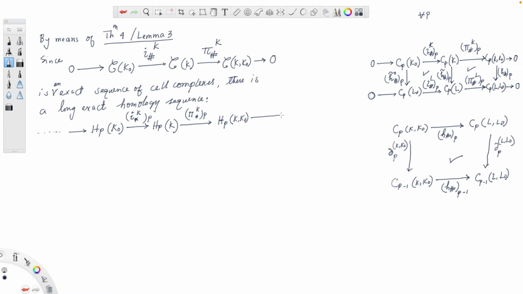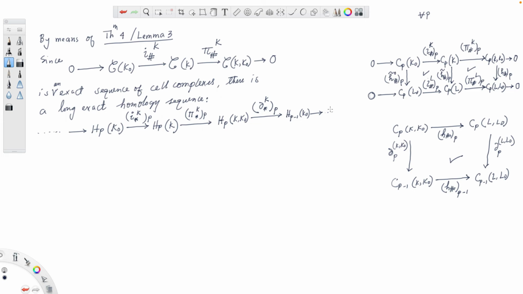and then via this homology boundary homomorphism del star K. Here this superscript K means that we are working in the complex K. Nothing special about this superscript, it's just a notation at P. This is the homology boundary homomorphism, and that takes us to HP minus 1 K0 and goes on like this.